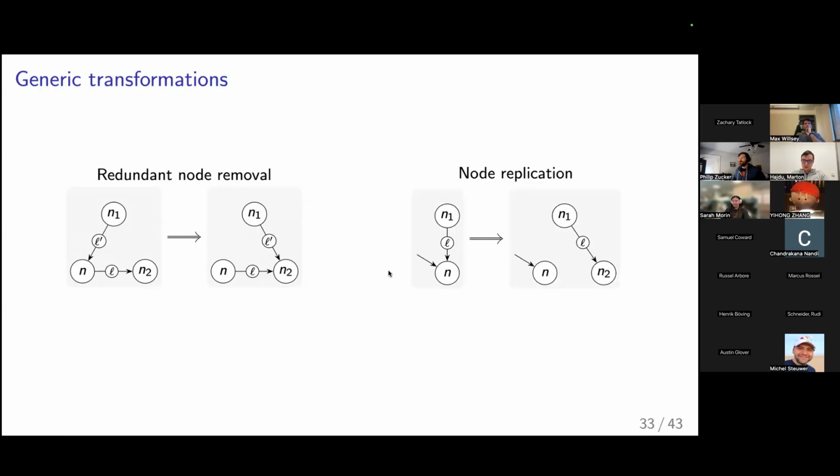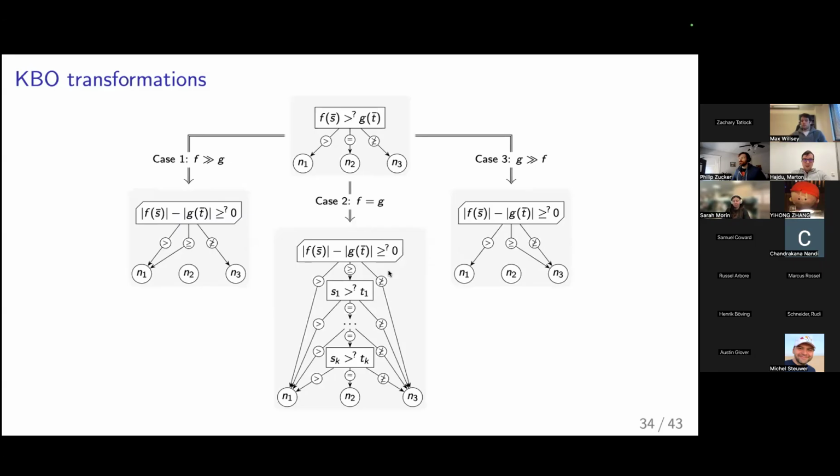For this, there is node replication, which is just kind of needed for maintenance of the term ordering diagram and to make some reasoning simpler. And then there are the special transformations for KBO. These look kind of scary, but they just need to look scary to cover all cases.